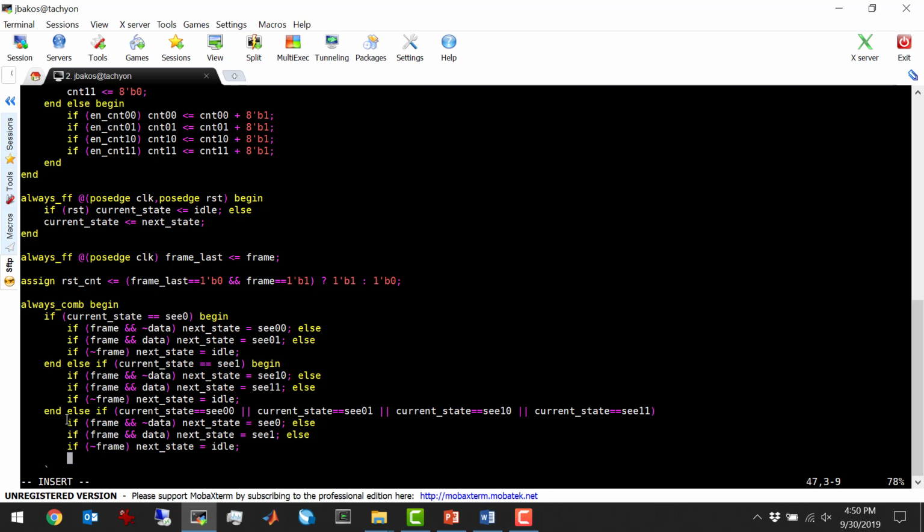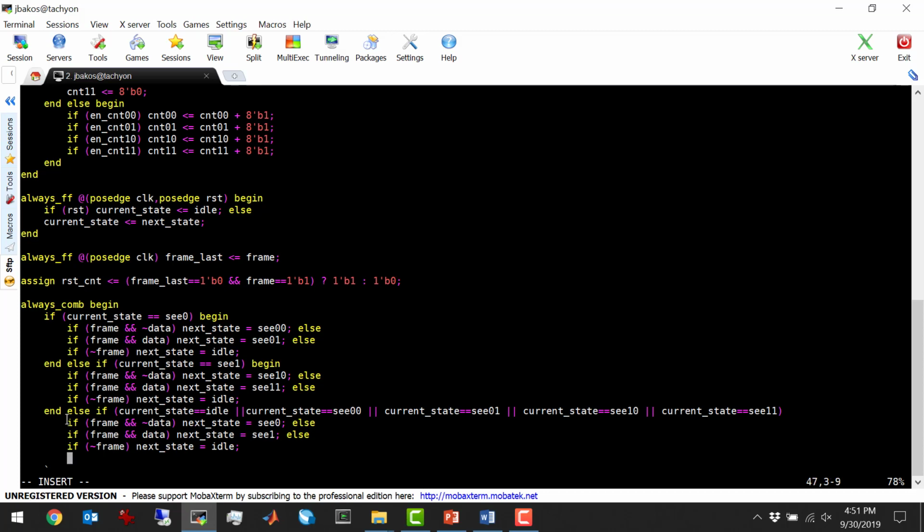So if I'm in any of the leaf states where I increment a counter, then I'm just going to go back to C0 or C1, or back to idle if I end the frame. And likewise, that also applies to the idle state, right? So even if the current state equals idle, then I will also do the same thing.